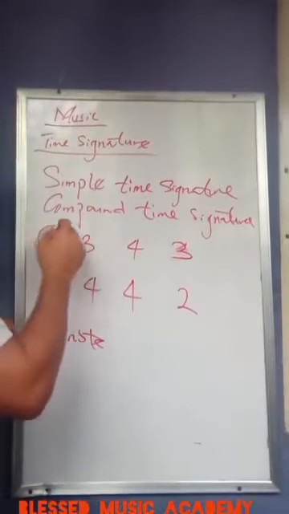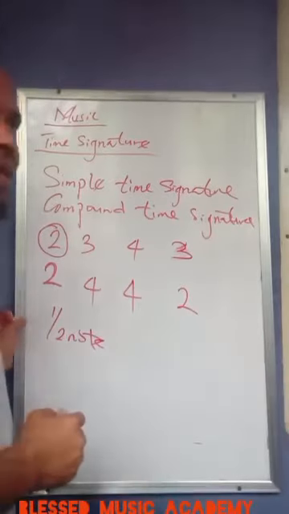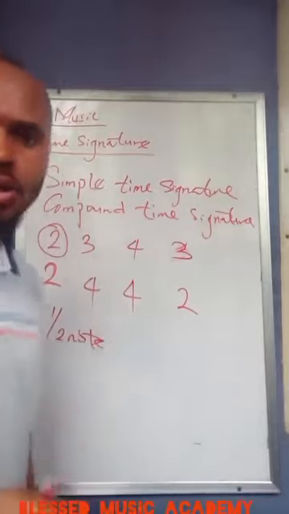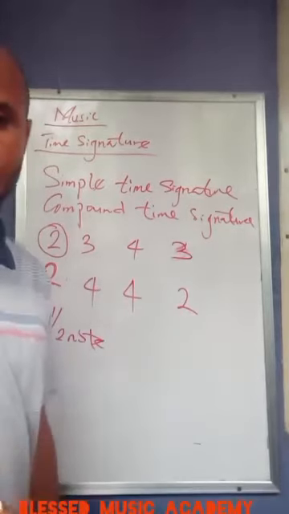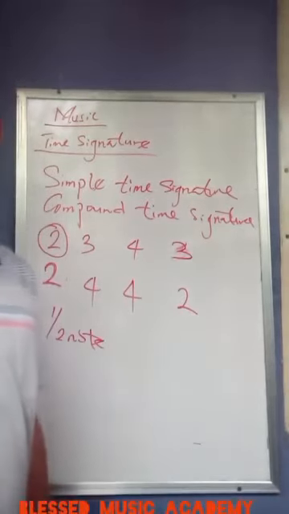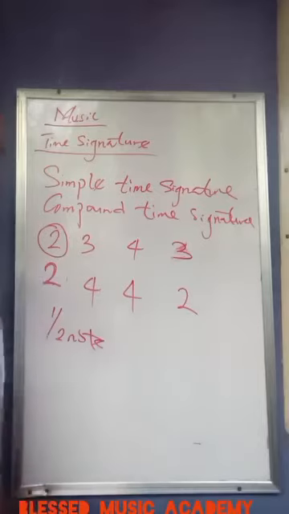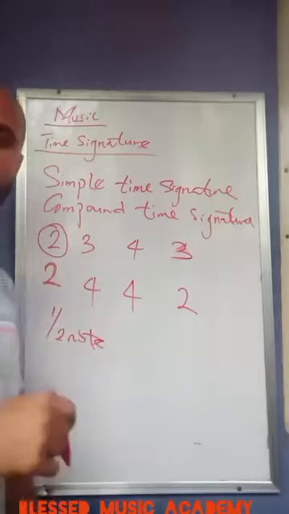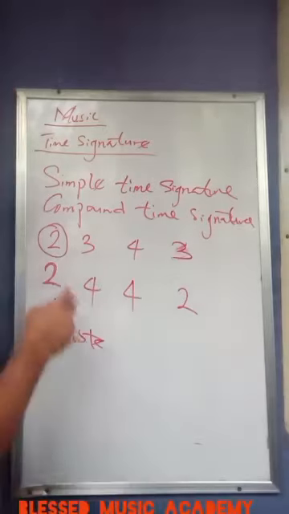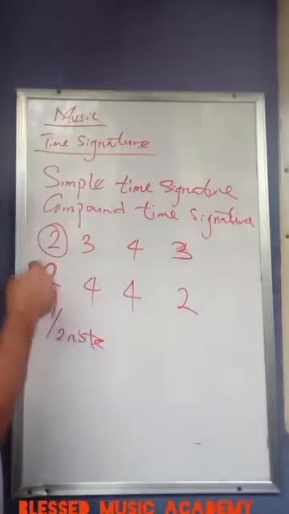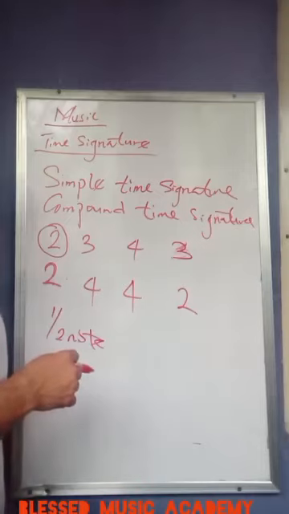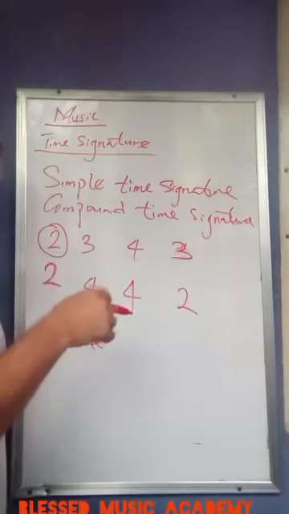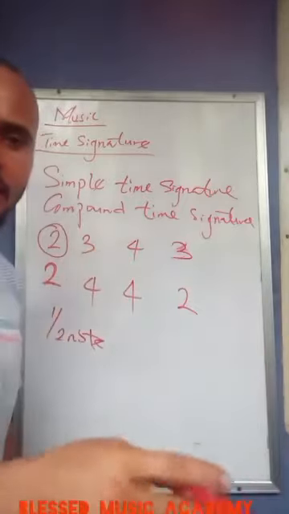The upper figure tells you the actual duration of the notes, while the lower figure tells you the type of note. Now, the type of note that you have is minim. The upper figure tells you, since it's minim, this is the duration.